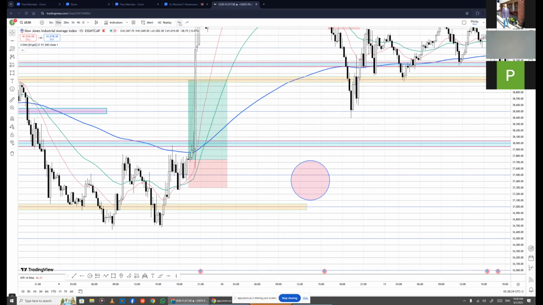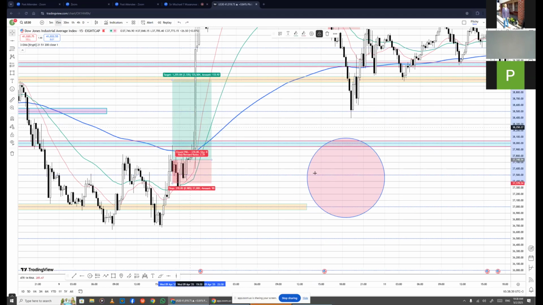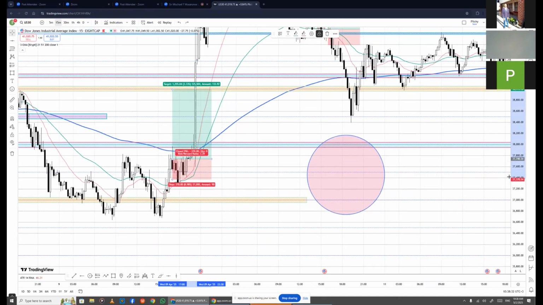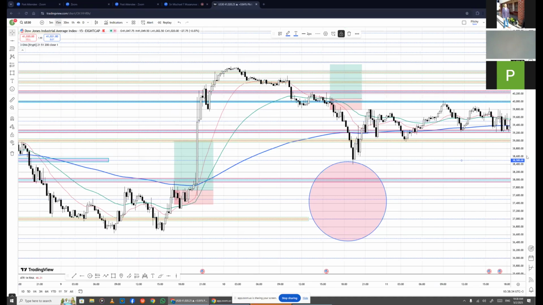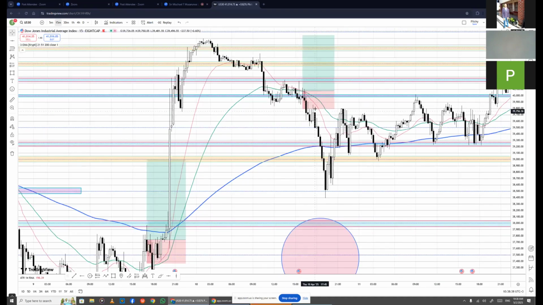That is another loss that I took. Let me return it. Yeah, there it is. Okay, so another loss that I took. This one, I didn't wait for an entry signal. It's a clear break and test, okay, but there was manipulation of the market here.